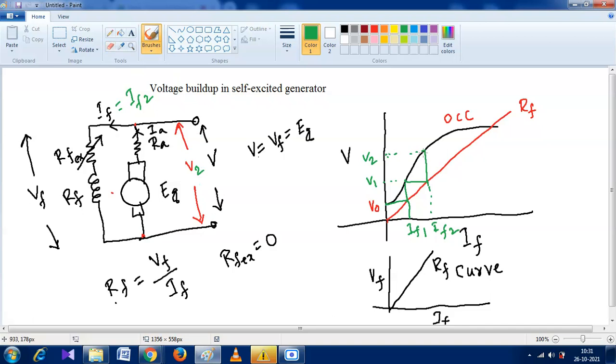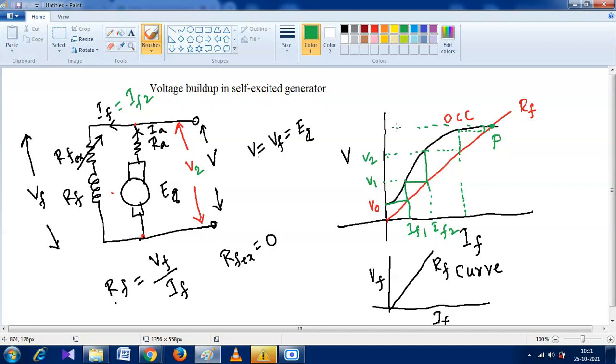And due to the V2 voltage, what is the value of field current now? This much. And due to this field current, the voltage should be here. And due to this voltage, the field current should be there. Then it's going to that point. Suppose this is the P point, and the terminal voltage finally reaches the P point.